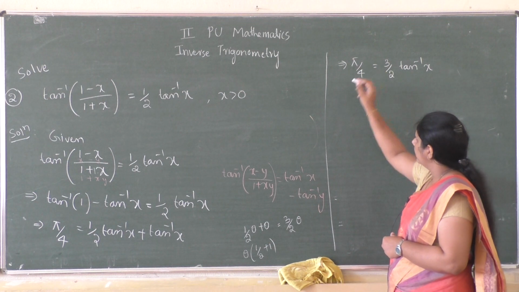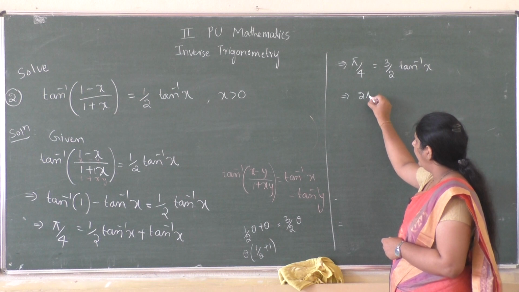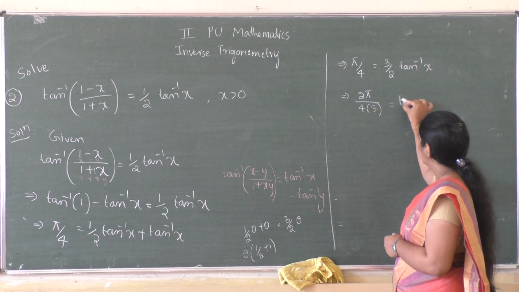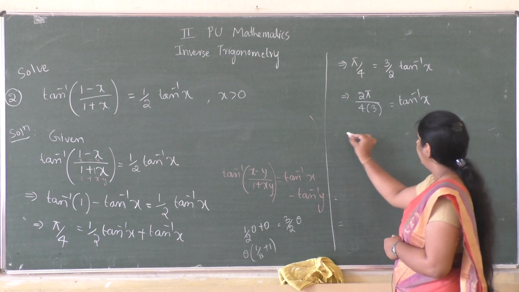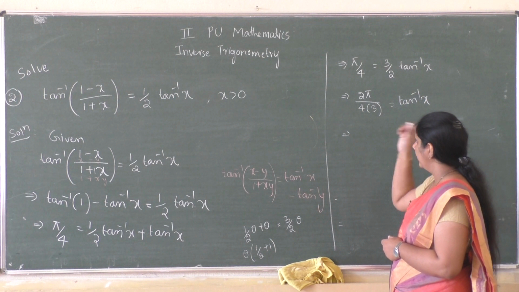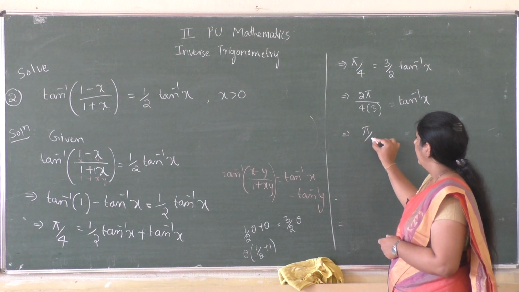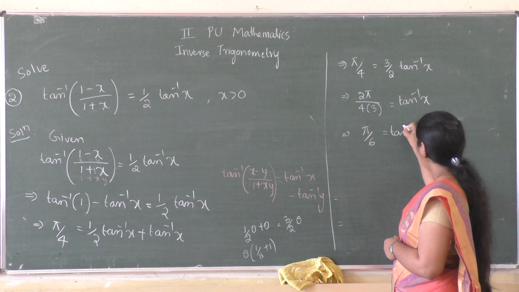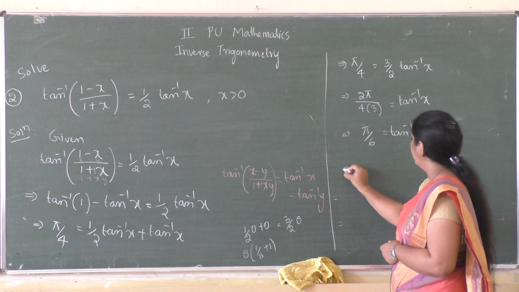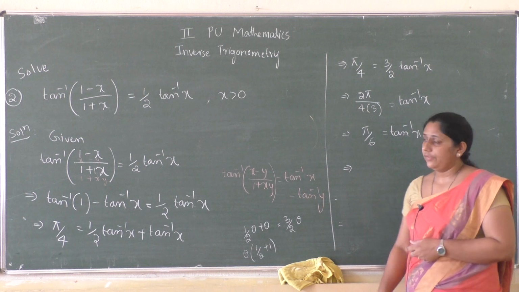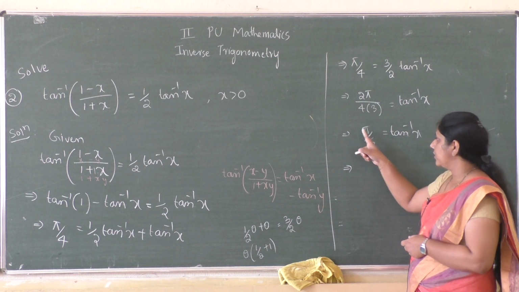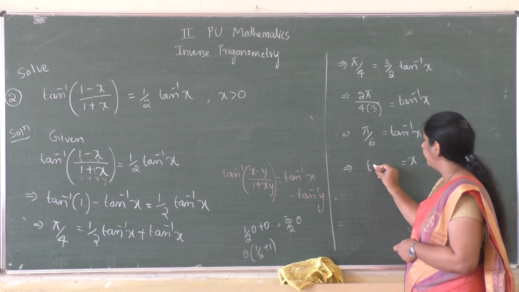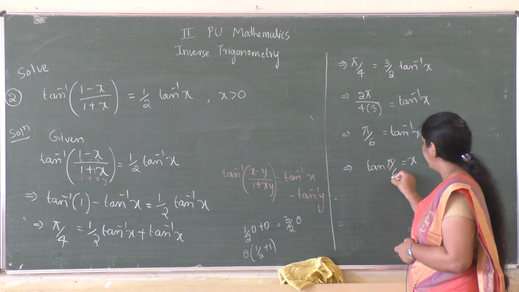Now take this term to this side, that is 2 pi by 4 into 3, which is equal to tan inverse x. So 2 cancels, and the remaining term will be pi by 6 equal to tan inverse x. But we have to find the value of x, right? So if pi by 6 equals tan inverse x, then x will be equal to tan pi by 6.